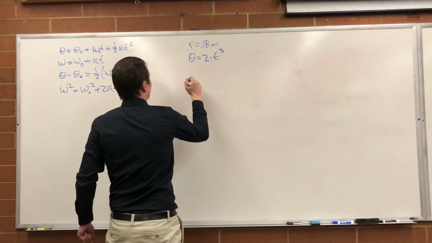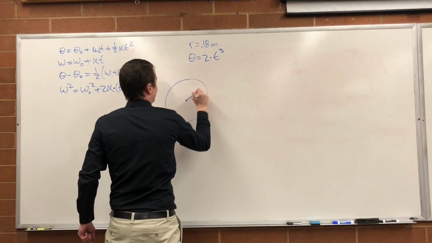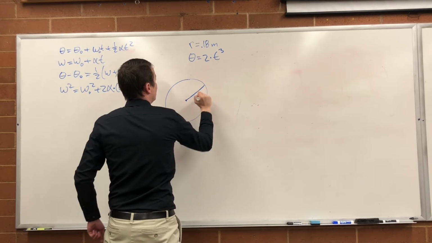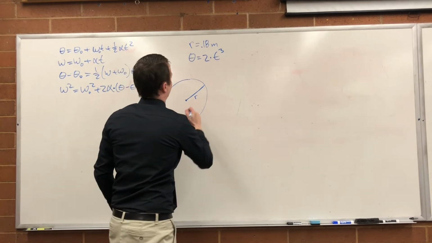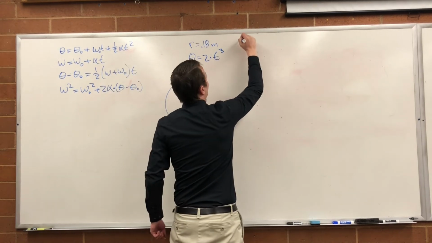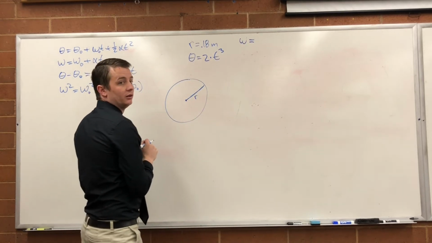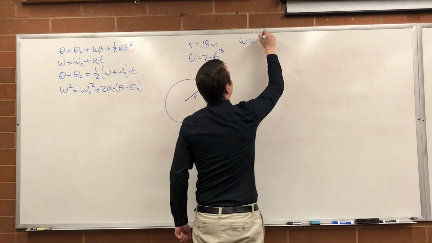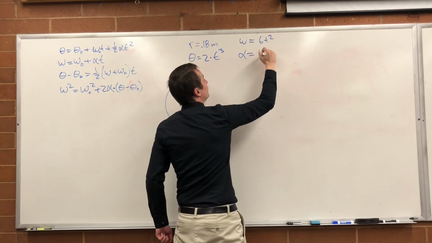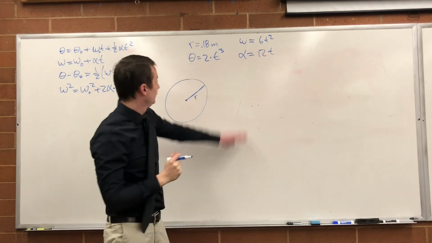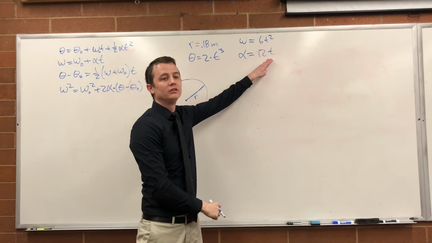Okay. So we've got some flywheel. Well, it has some radius r. And it's spinning around. And let's just write down 2 more equations really quick here. So what is my omega equal to? It's just the derivative of that. So 6t squared. And what's alpha? 12t. Wonderful. So notice that whatever this flywheel, it's spinning around, but it doesn't have a constant acceleration.